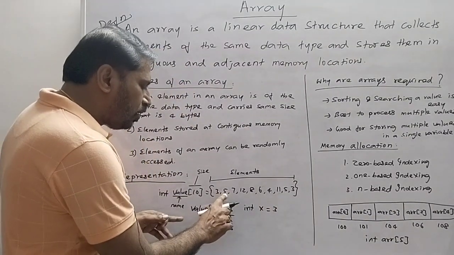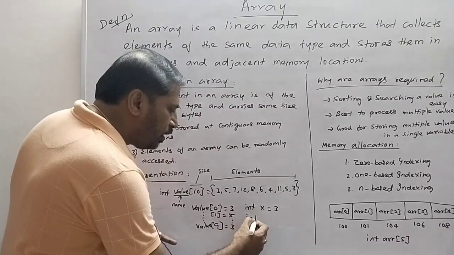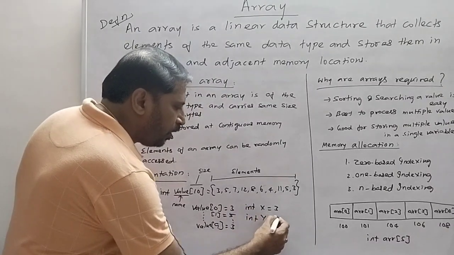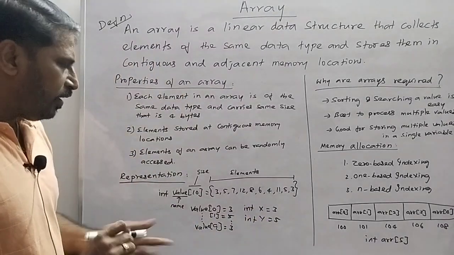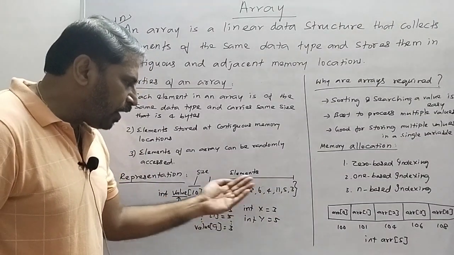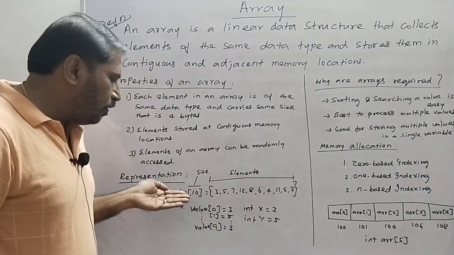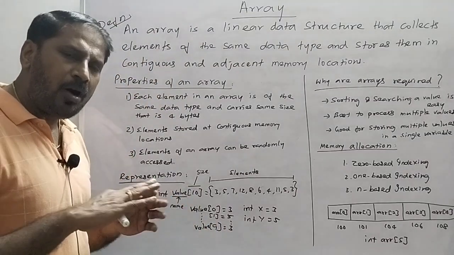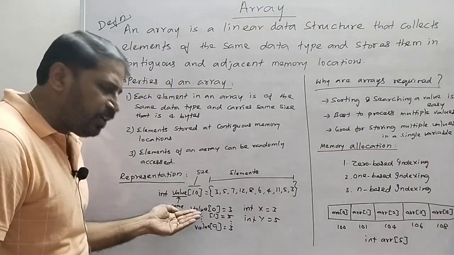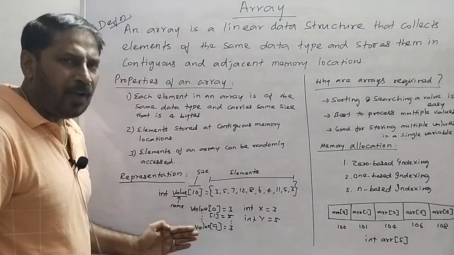Suppose I want to take one more number, I have to initialize y = 5. In this way we need 10 variables without an array, whereas instead of 10 variables, within an array we are able to store all 10 numbers within a single variable. That single variable is called value.